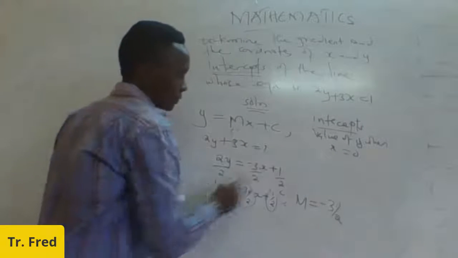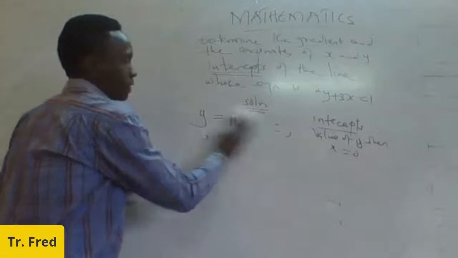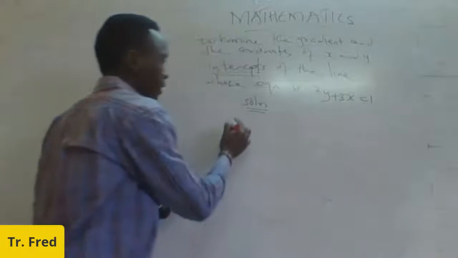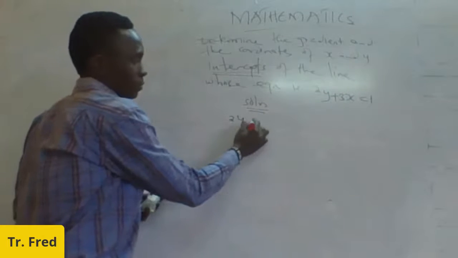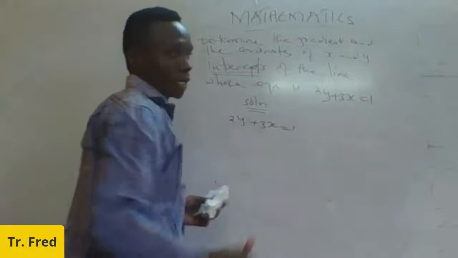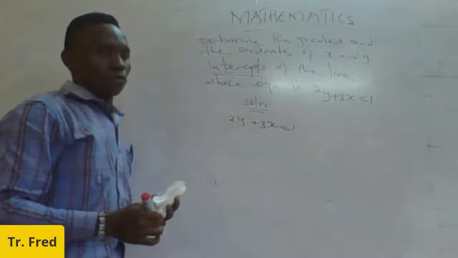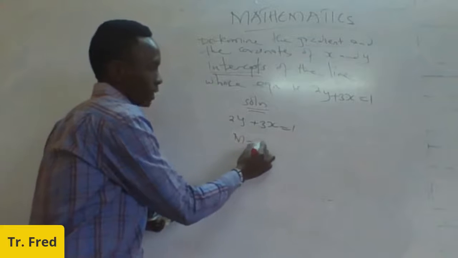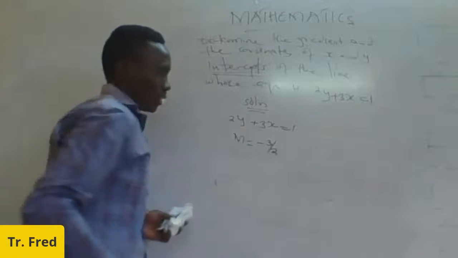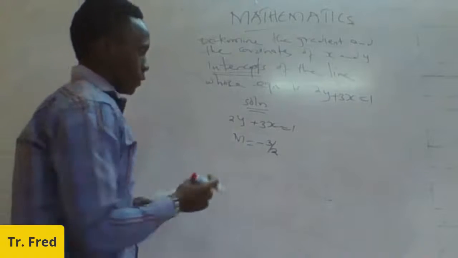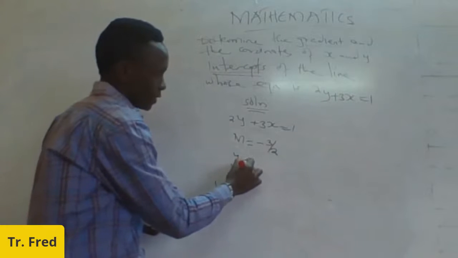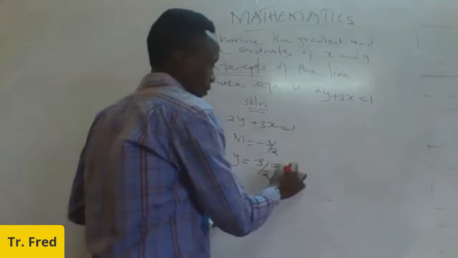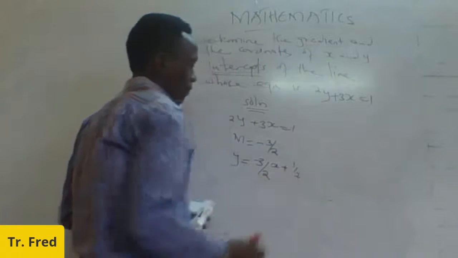Now for our case, we have the equation of the line 2y + 3x = 1. And we have seen that the value of m is -3/2. Therefore, the equation of that line will be y = -3/2 x + 1/2.